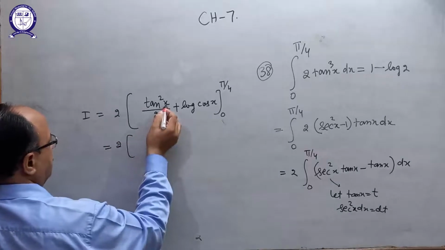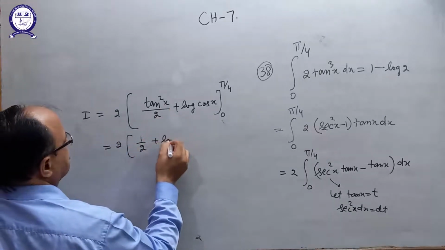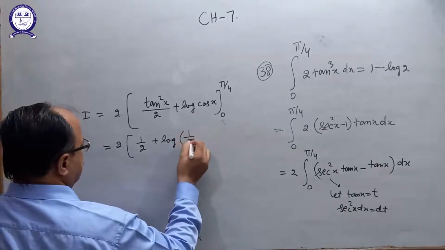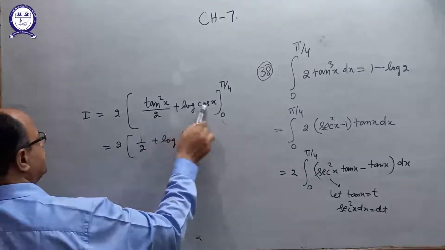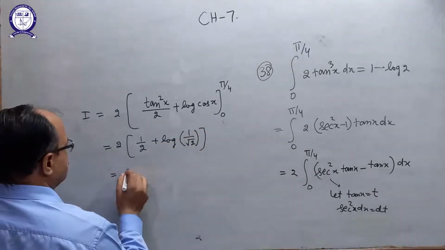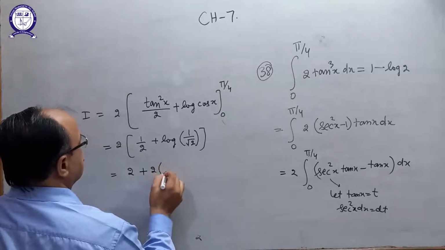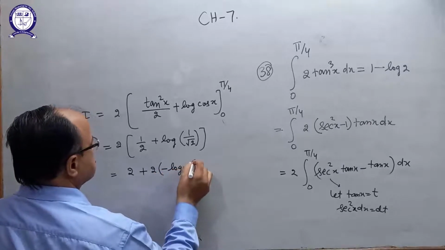When you apply pi by 4, tan pi by 4, you know, is 1, and log cos 45, that is 1 by root 2. When you put 0, it is 0.